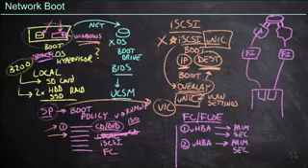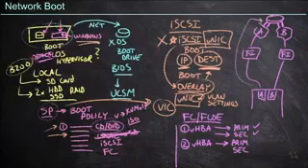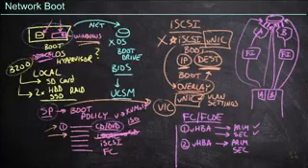And so fabric A will have 2 connections to the storage array, fabric B will have 2 connections, and this is why we have a primary and a secondary connection type. So assuming we pick fabric A as our primary and fabric B as our secondary, we're going to tell it to try to reach out to this interface first, then try to reach out to this interface, and then if all that fails, we'll switch over to the other vHBA, and we'll check fabric B's interface here, and then fabric B's interface here. It gives us 4 different opportunities to try to connect to the storage array and attempt to boot up.